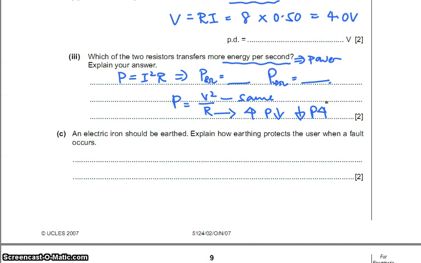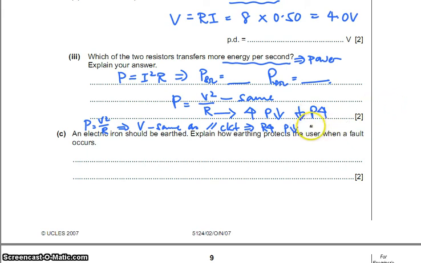Make sense? So for that matter of fact, you'll be able to explain the answers now, because you can use this formula. You quote the formula, P is equal to V squared over R. Then you say that V is the same as it is a parallel circuit. So that would imply that if R increases, your P would have decreased.